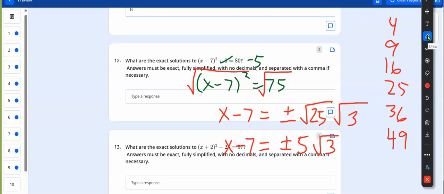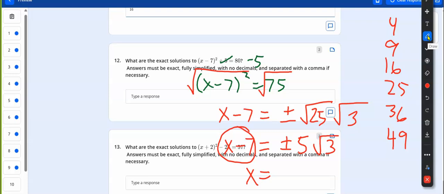Does that make sense what we've done so far? Okay, tell me what to do last. Would it just be plus or minus 5 square root of 3? Well, you got to get x by itself, and right now we have x minus 7.